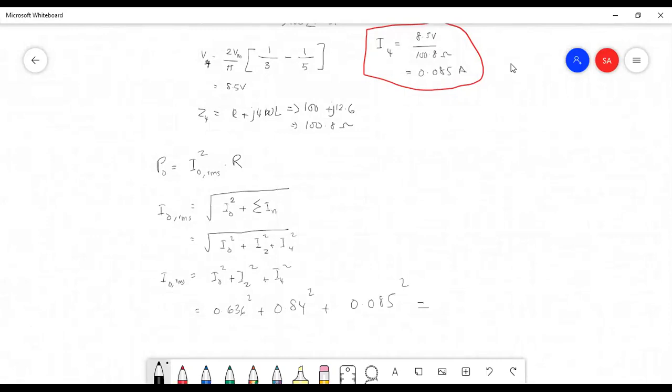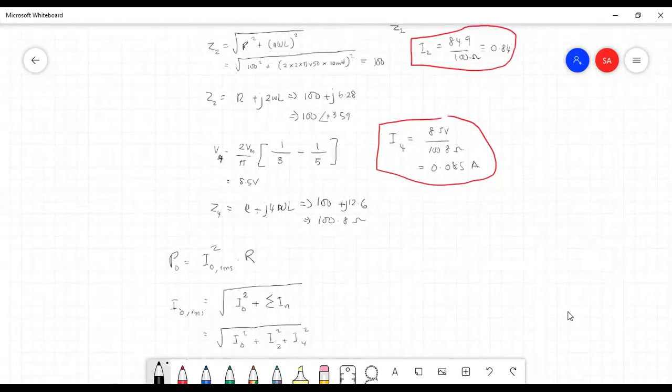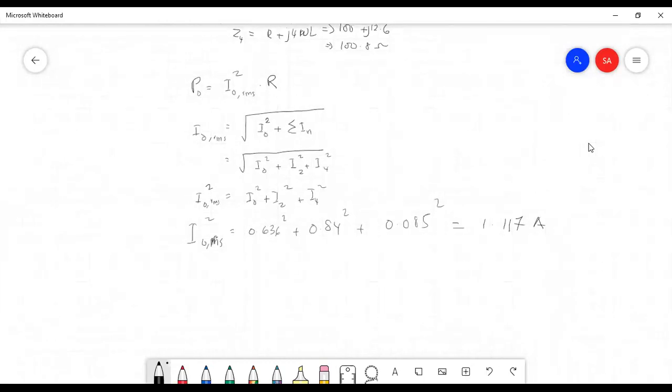So you have I out RMS square is 1.117 ampere. From that, your R load is 100, so finally your P out is 1.117 multiplied with R out, which is 100 ohm. So you should get 111.7 watt. So that is the answer.